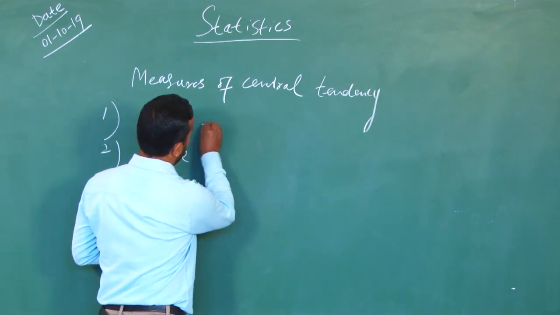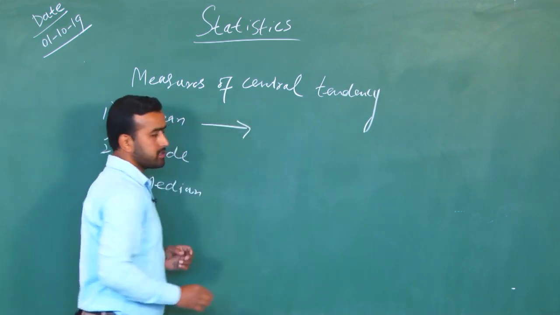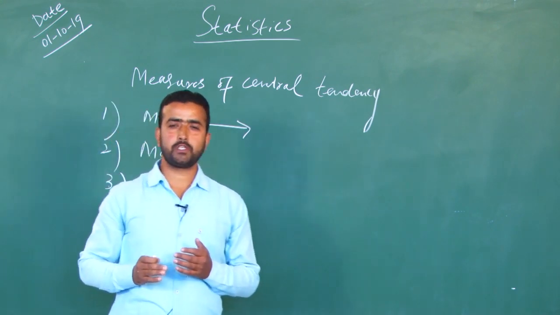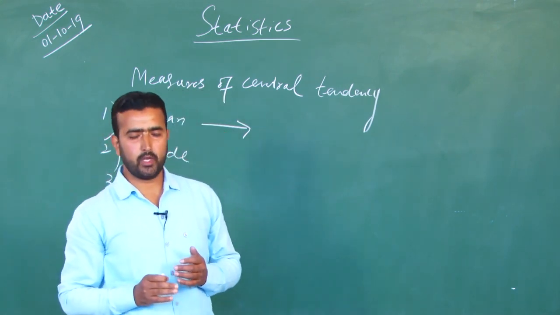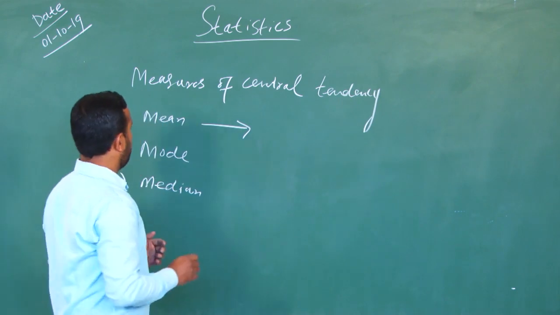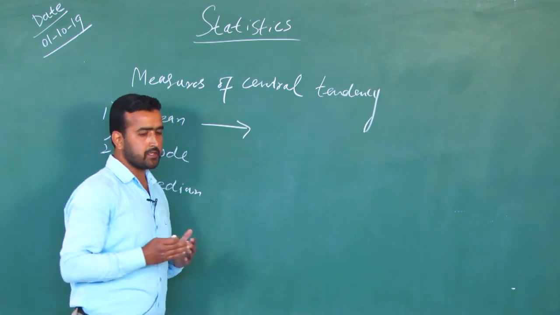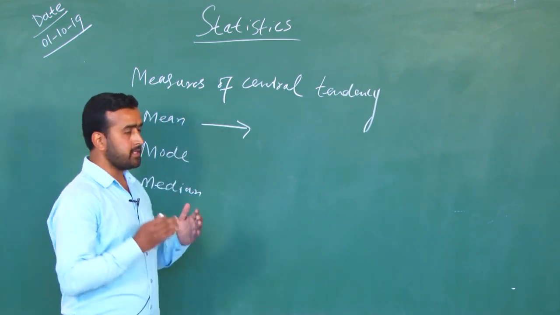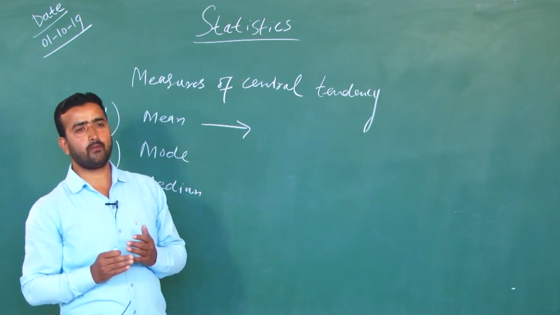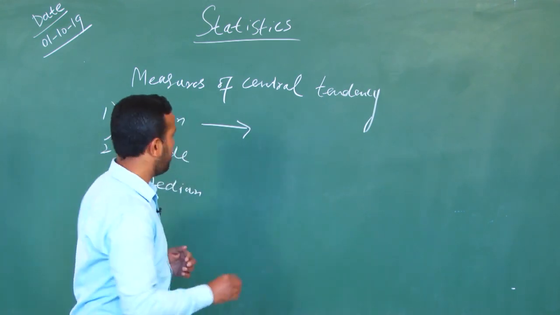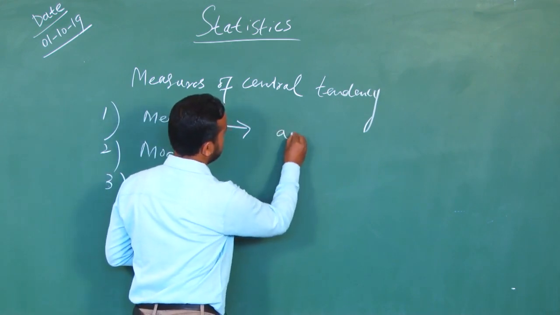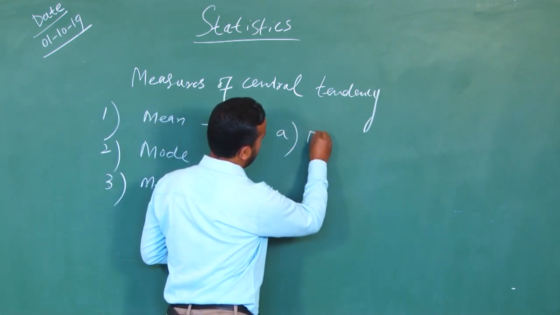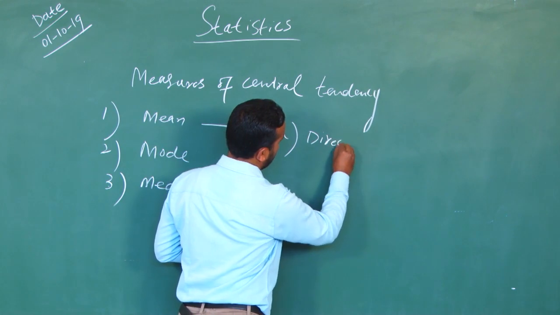For the mean of the data, we have various mathematical formulae by which we can find the mean of the given frequency distribution. The first one is known as the direct method.